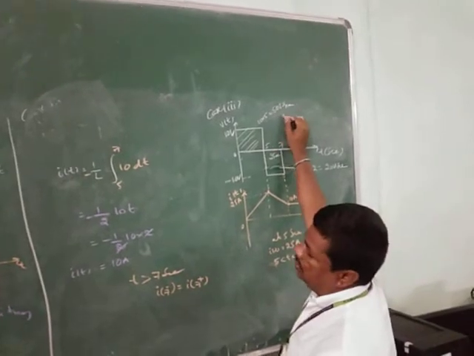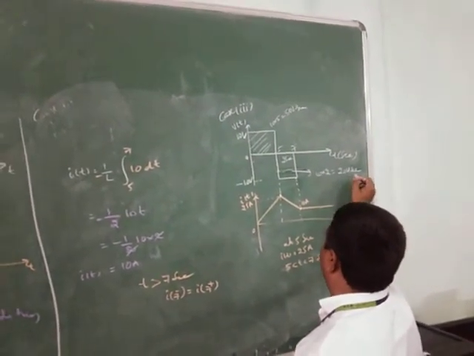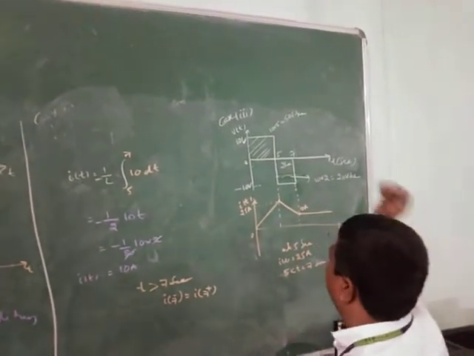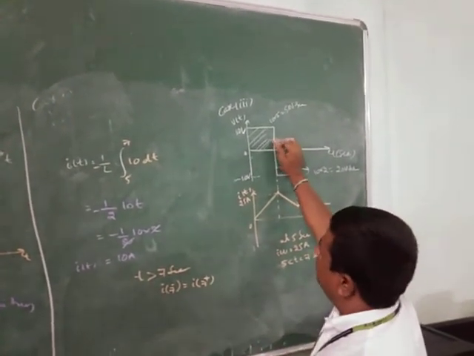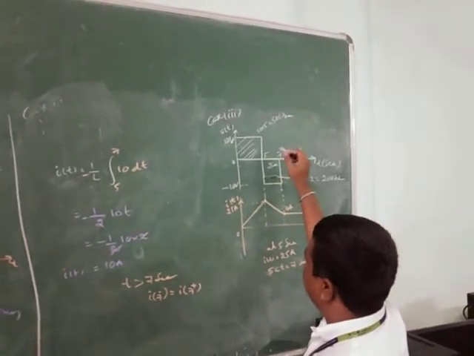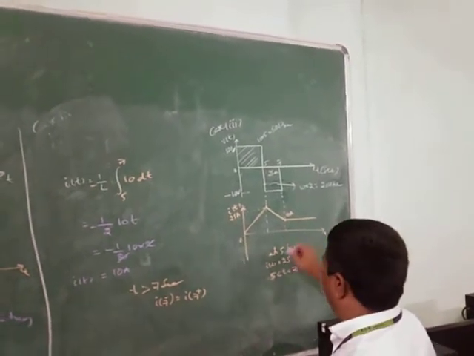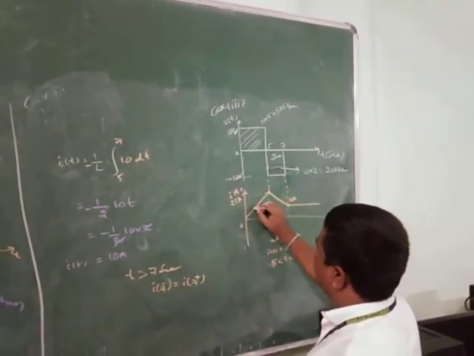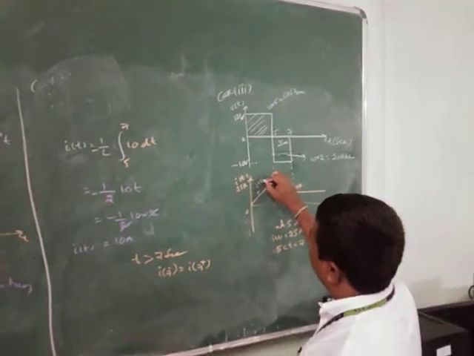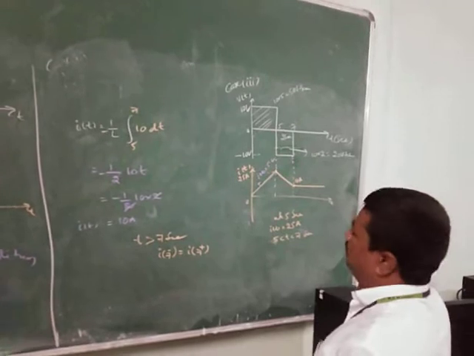Coming to the last case, here in the positive direction the area is only 50 volt seconds, whereas in the negative direction the area is 20 volt seconds. We already calculated that the current is 5 into t, 5 into 5, 25 amperes. The expression is I of t equal to 5t, at t equal to 5, 25 amperes.